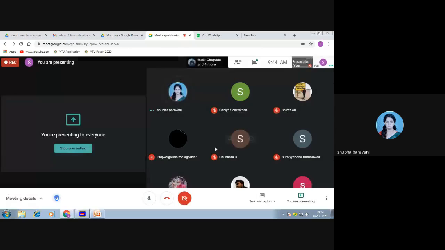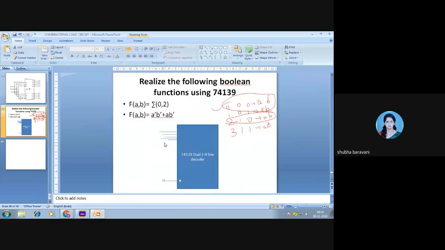Okay. Right now, see, this is a dual 2 to 4 line decoder, correct? So how many input lines it should have?